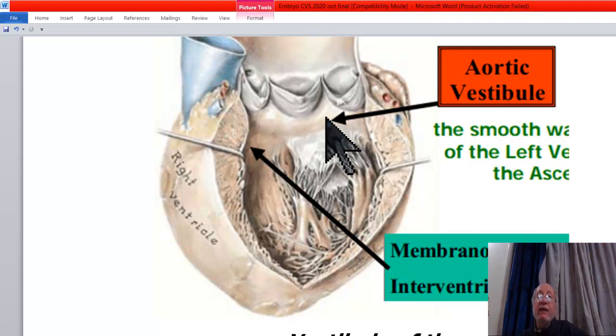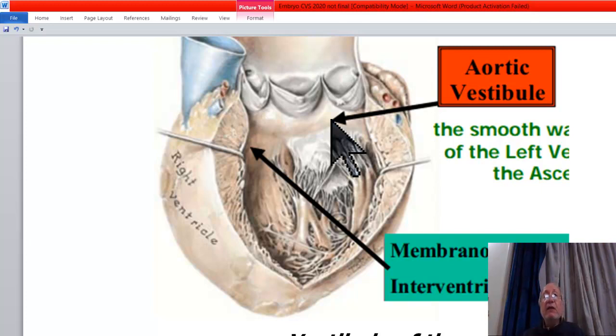What is the source, finally, of the ventricles? Two sources: the primitive common ventricle and the bulbus cordis.